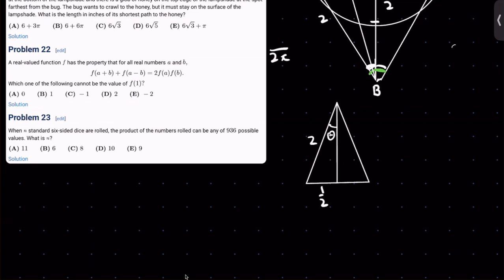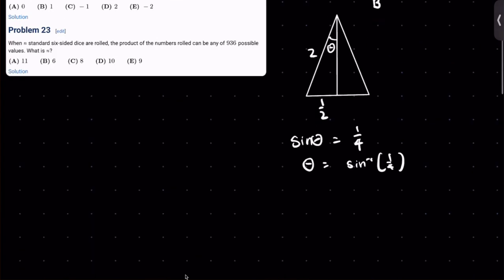Then sine of theta will be equal to 1/4, because it's 1/2 with 2 in the denominator. If we take the arc sine, theta will be equal to sine inverse of 1/4. If I multiply that by 4, 4 theta would be 4 sine inverse of 1/4.